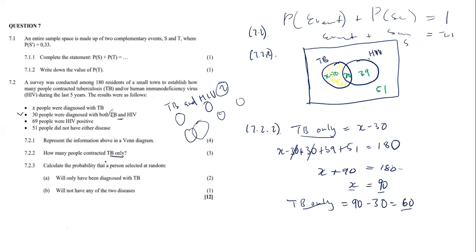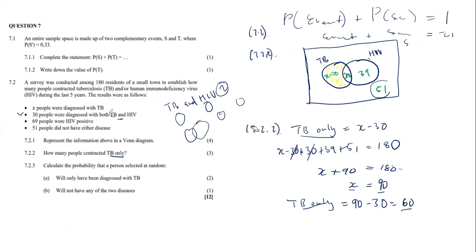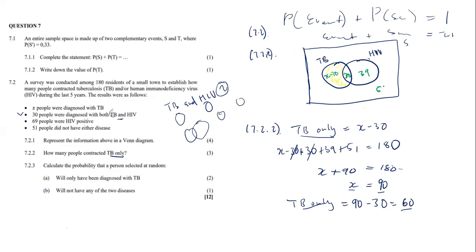We go back to our Venn diagram. People who do not have either TB or HIV, this is them, right? So they do not have either of the diseases.